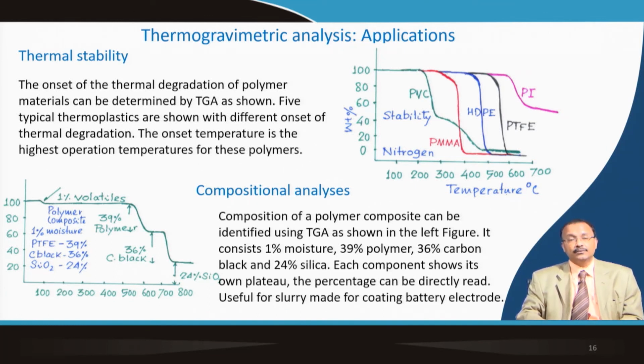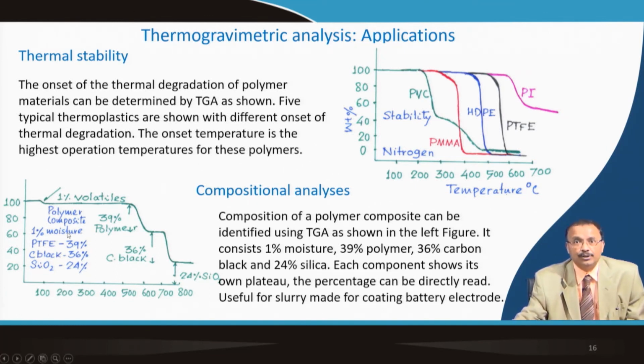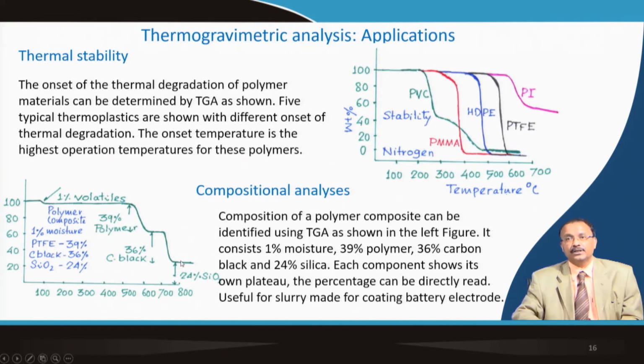So, it can be seen that it consists of 1% moisture, about 39% polymer that decomposes, then 36% carbon, and whatever is remaining, about 24%, is the silica. Each component usually shows its own plateau, and the percentage can be directly read.